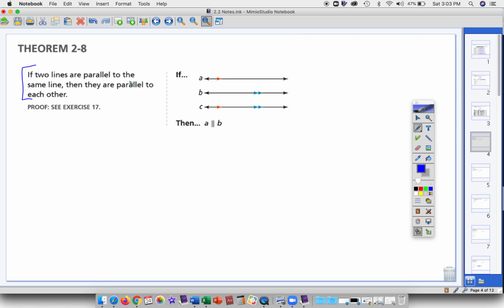If two lines are parallel to the same line, then they are parallel to each other, which makes sense. We have these two lines are parallel and these two lines are parallel, then I know that the last pair of lines is parallel, meaning these two.